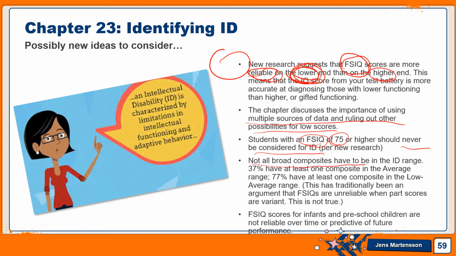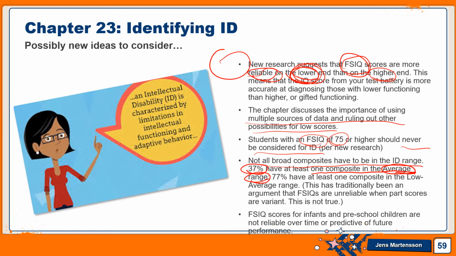Not all broad composites have to be in the ID range. So when you test for ID, you might test your 7 different areas or whatever. 37% of kids have at least one composite score in the average range.